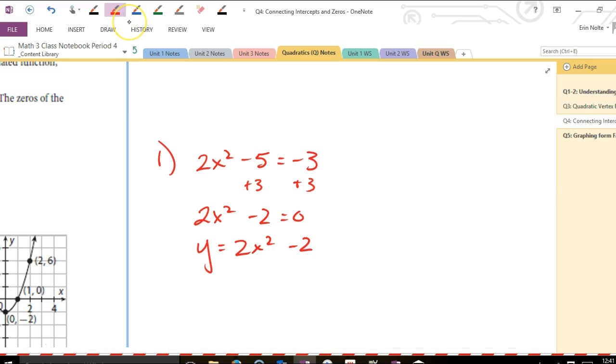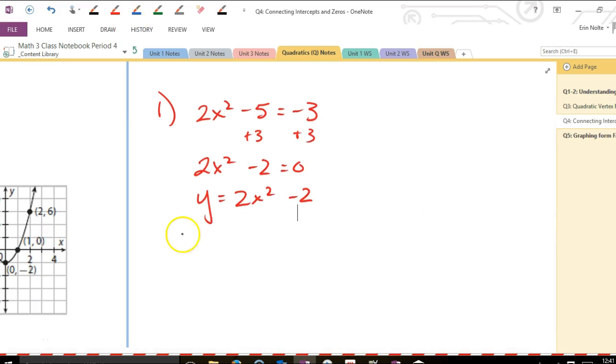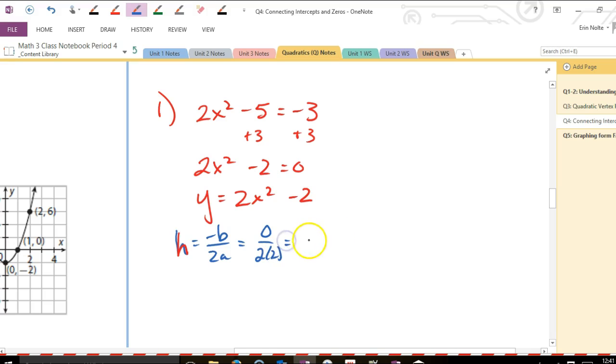That is technically in standard form, so I can find my vertex. My vertex, again, is negative b over 2a. What's the b of this particular equation when there is no x? What would make the x go away? A value of 0. So if we have 0 over really anything, in this case 4, we still get an h value of 0.